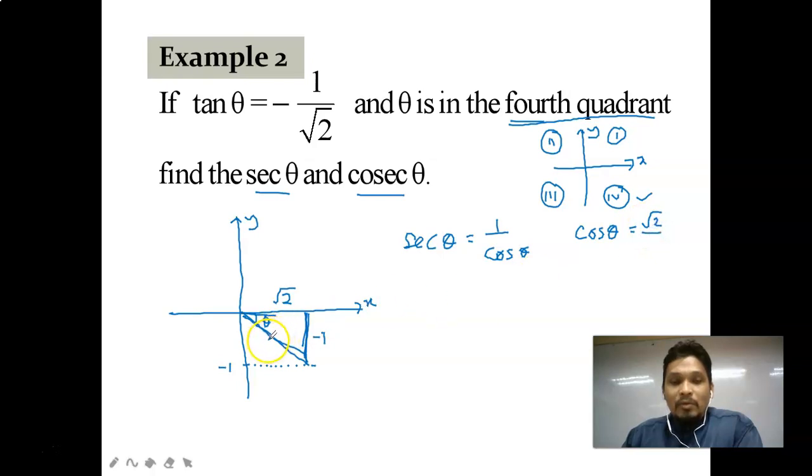Before that we need to find the value of the hypotenuse. From here, this is the hypotenuse. So x squared, which is square root of 2 squared, plus this one, negative 1 squared, equals 2 plus 1, which equals 3.